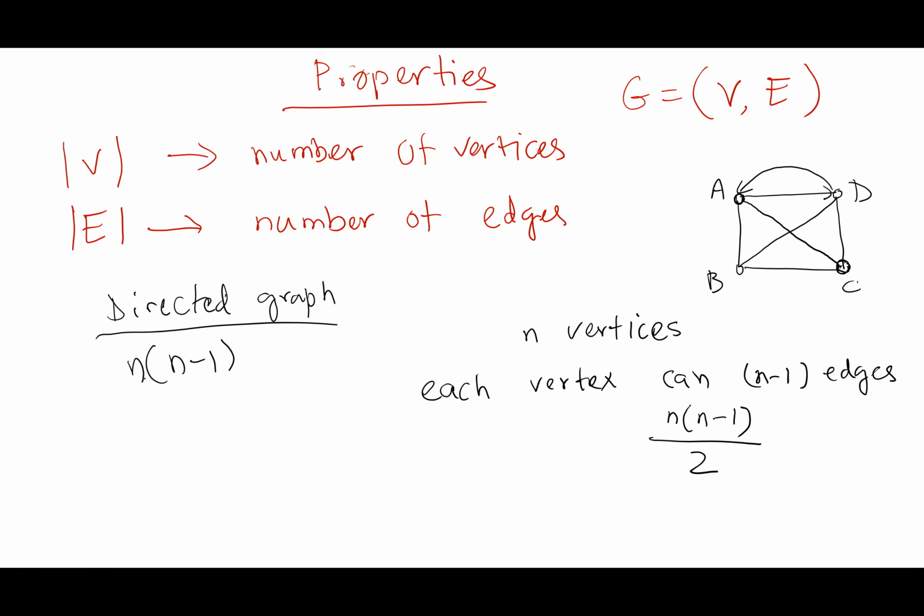So that's the highest number of edges. We can say that it is order of n squared. If there are n vertices, then the number of edges is order of n squared.